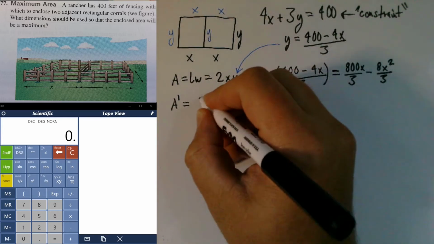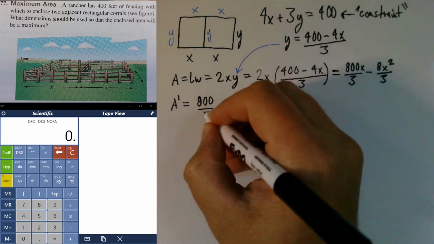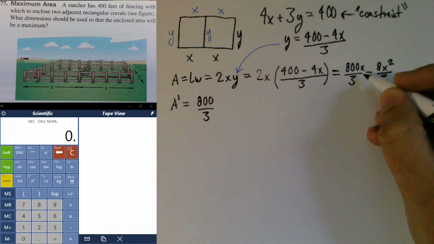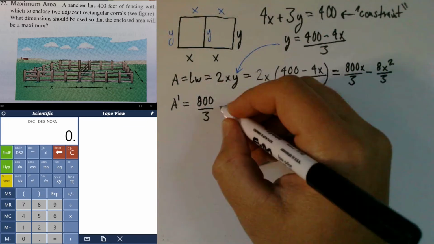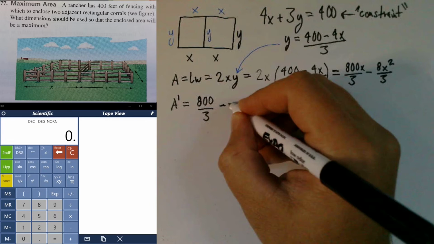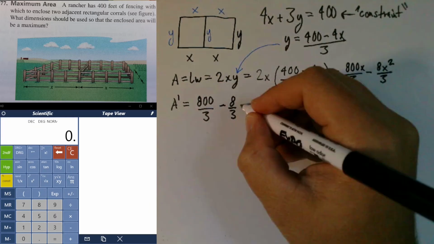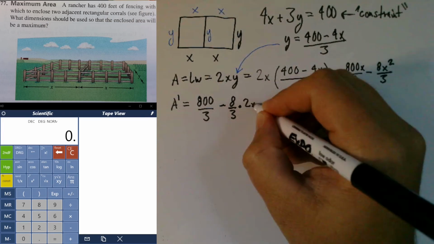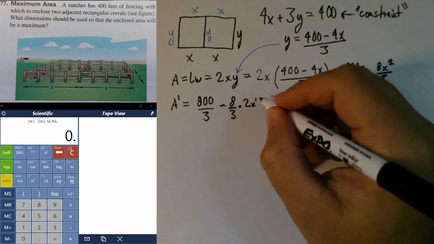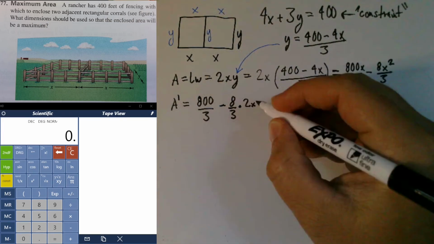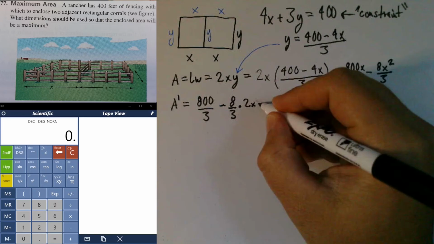So this will become equal to 800 over 3. The derivative of x is just 1, so that's implied, minus 8/3. The derivative of x squared is 2x. 2x to the 1 power is just 2x. And this is now equal to 0.